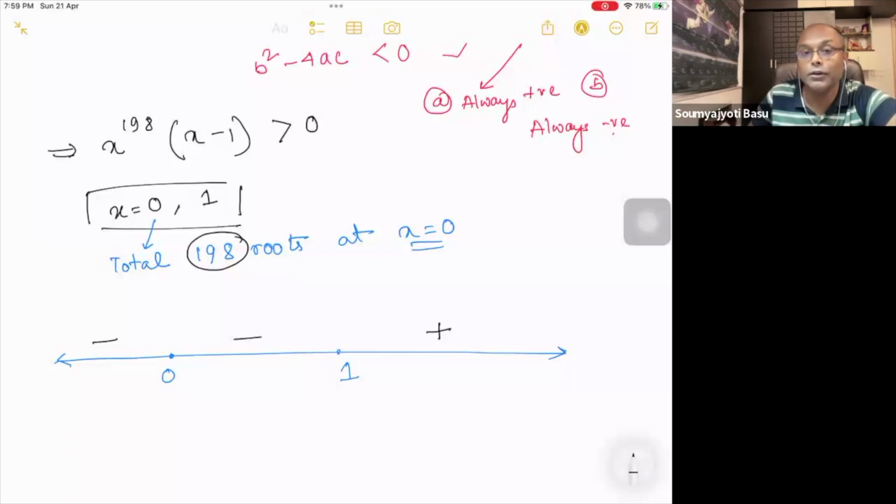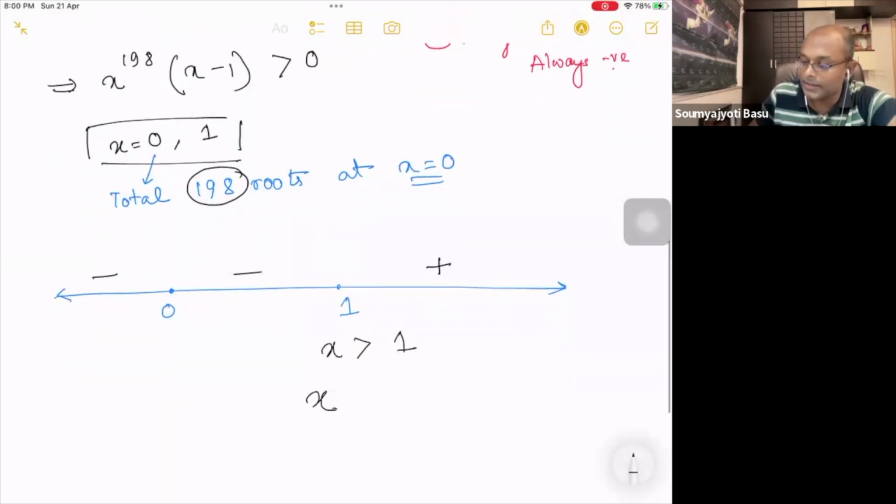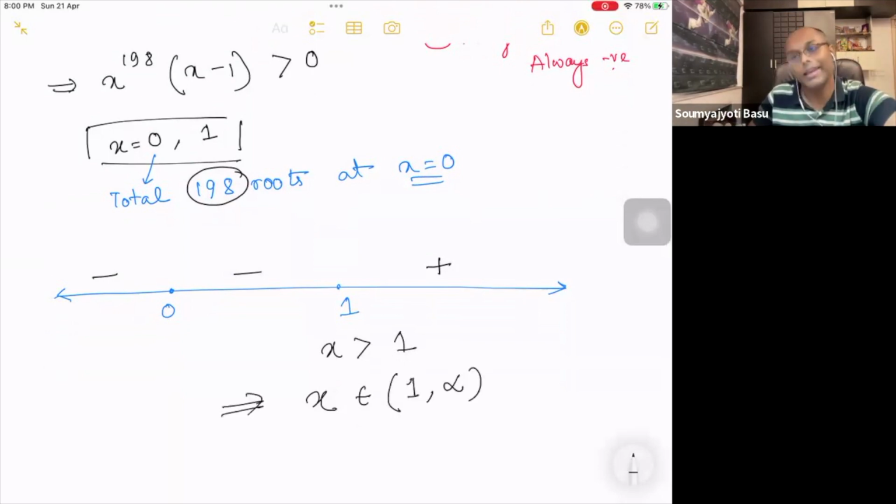Now, you have to find out the zones where this expression is greater than 0. There is only one zone, which is right hand side of 1. So, x must be greater than 1, or you can write x belongs to 1, infinity. That's the solution for this inequality or the first problem.